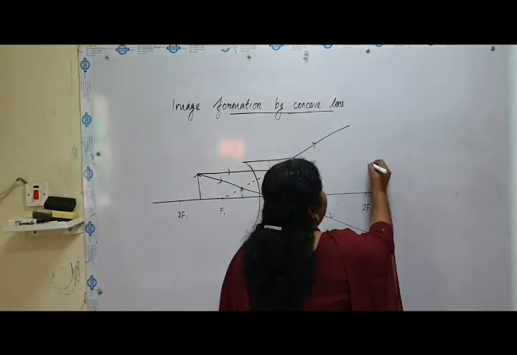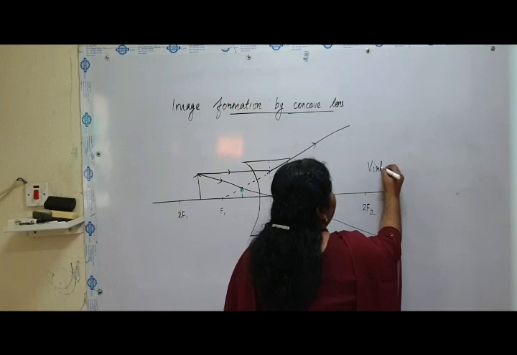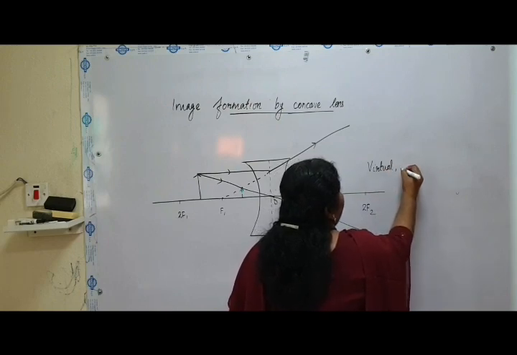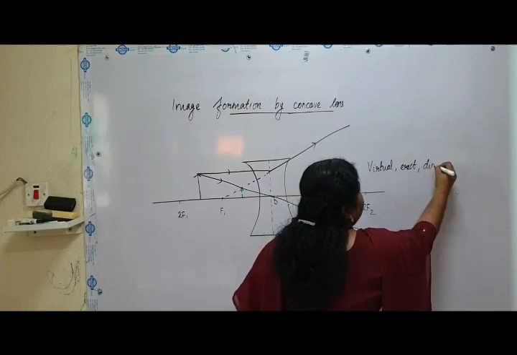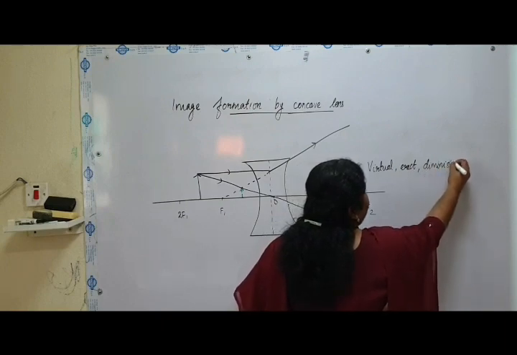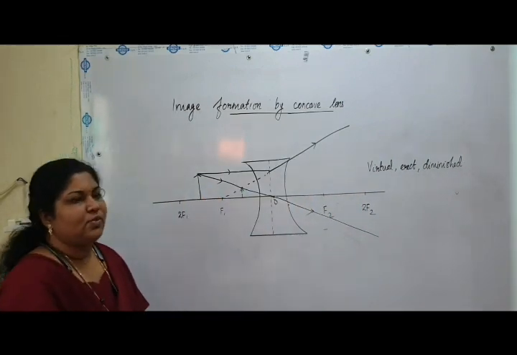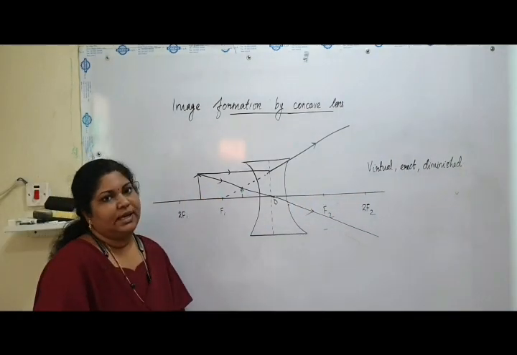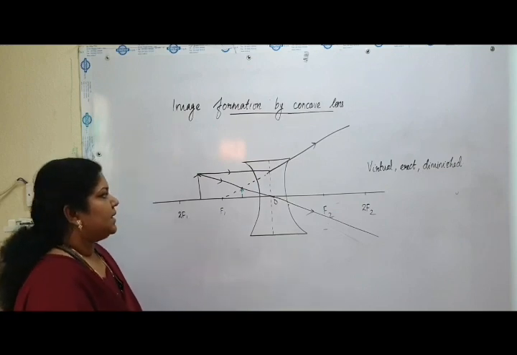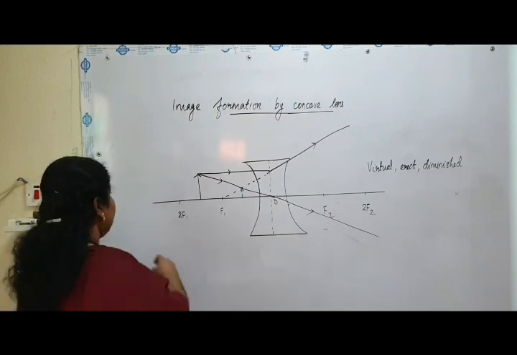So the nature here is virtual, erect, and what about the size? It is diminished. So a virtual erect diminished image is formed in the case of a concave lens. So that is the image formation by a concave lens.